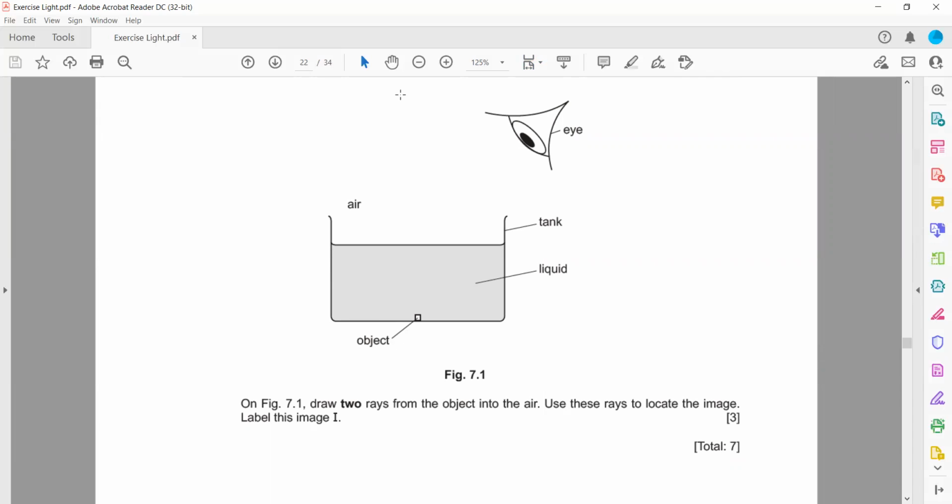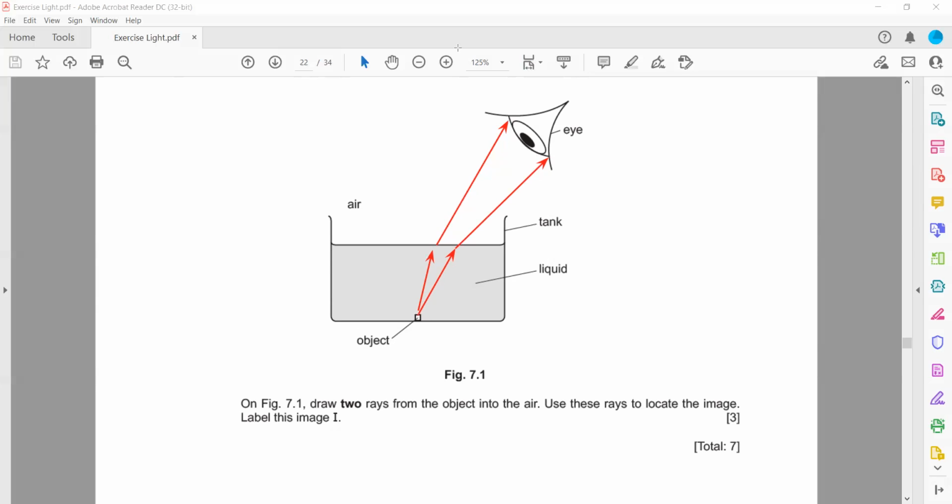So how do we represent the two rays coming out from the object? As they travel from liquid to air, they will bend away from the normal. This will be the second ray. It will also bend further away from the normal.